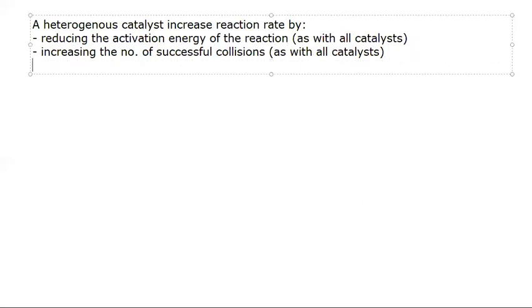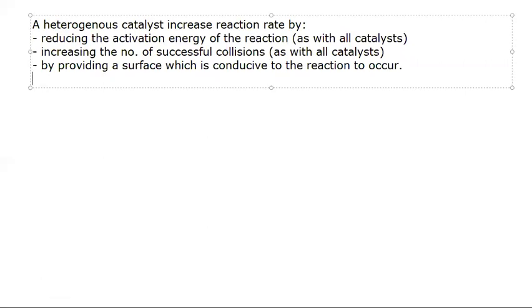Now, where it is different is how it achieves this. And so essentially, it achieves it by providing a surface which is, if you like, conducive, basically helps the reaction to occur. And this is where we can go into a lot more detail, but it's kind of outside the realm of HL.